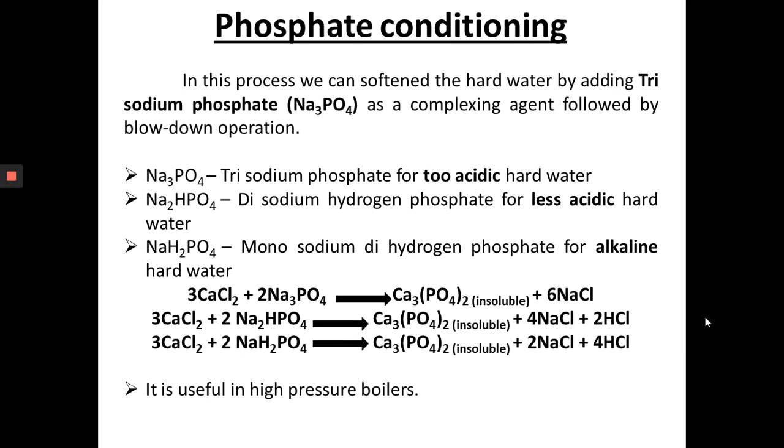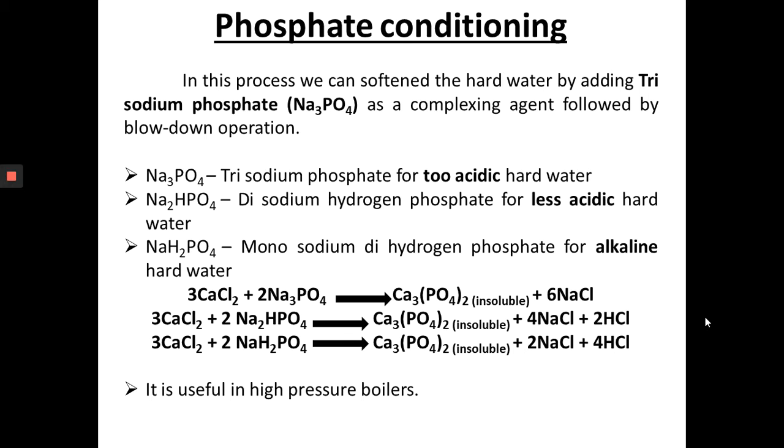What is meant by phosphate conditioning? In this process, we can soften hard water by adding trisodium phosphate, which has the chemical formula Na3PO4, as the complexing agent followed by blowdown operation. There are three types of sodium phosphate available.